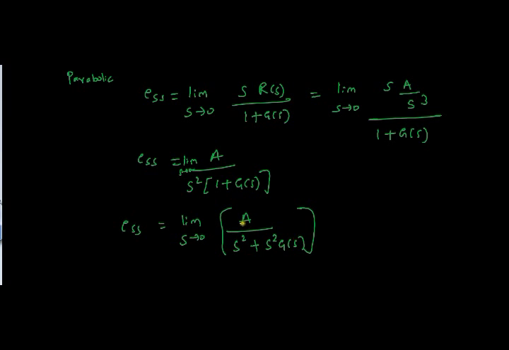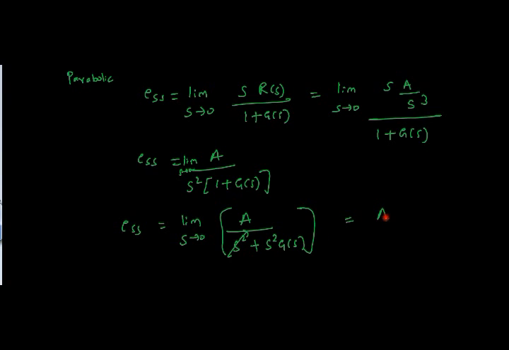A is anyways constant. Since s tends to 0, this will go to 0. So only we are left with the limit of s tends to 0 of s square into G(s). So this will give us one constant, which we can write as Kp.